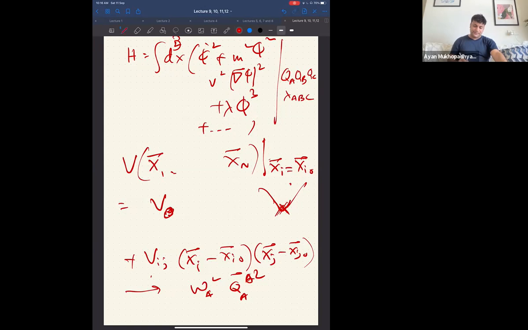I can do some orthogonal transformation because V ij is a symmetric real matrix. I can always diagonalize it by an orthogonal transformation, and if I do that, it becomes omega a square.